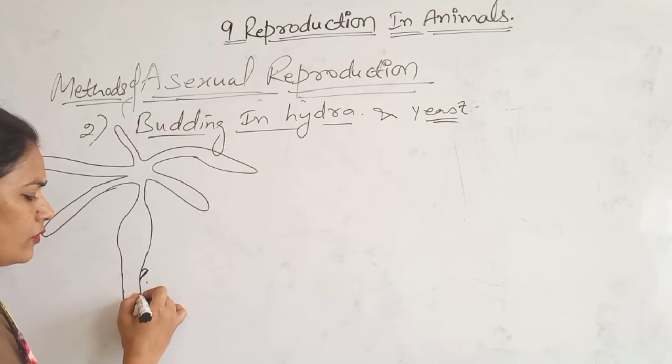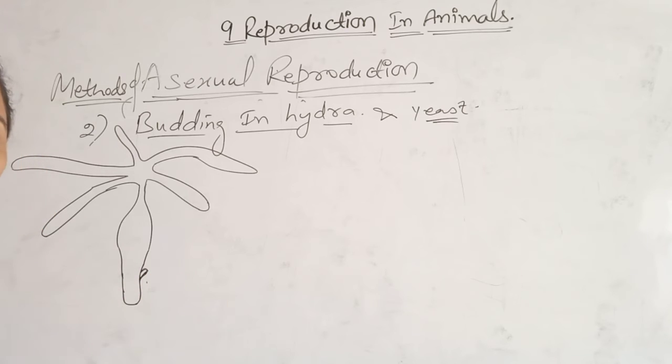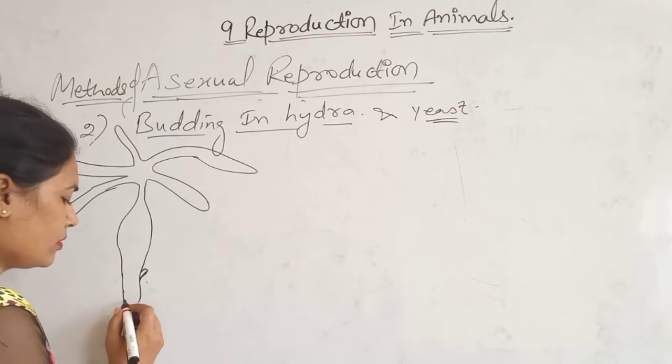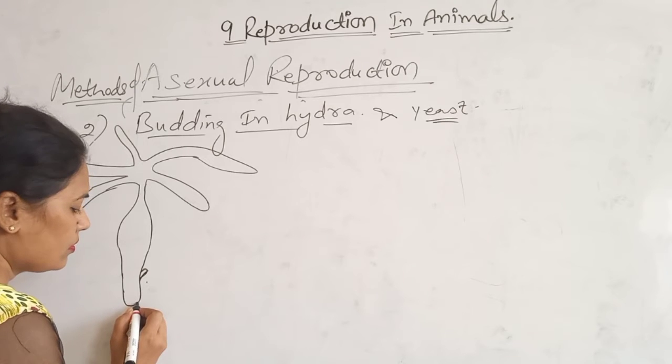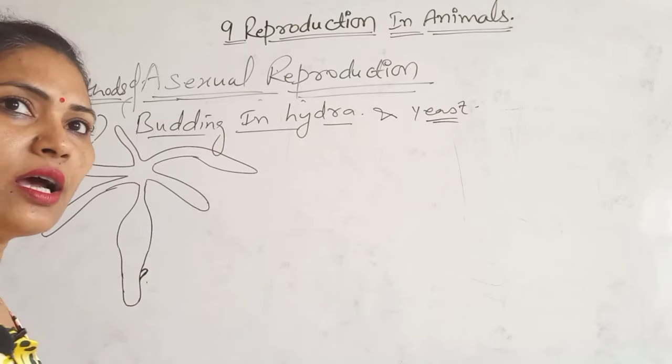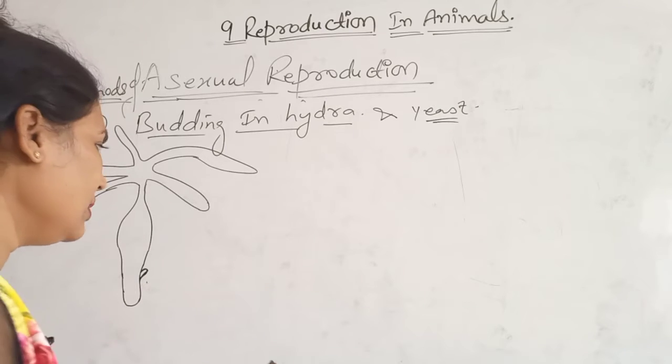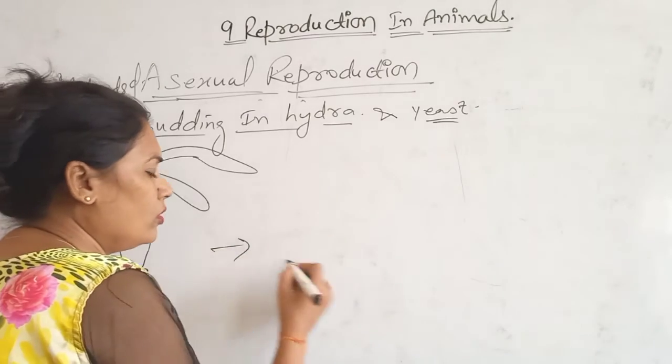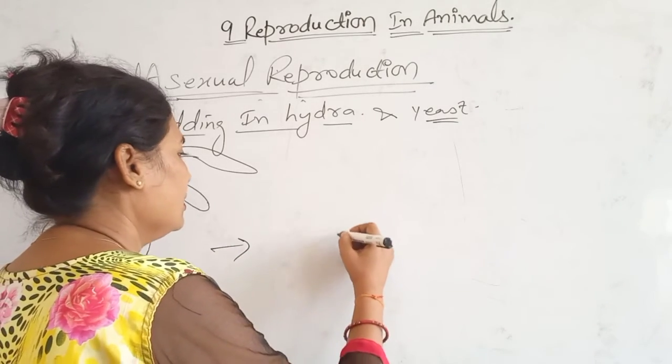So that bud is formed. Got it? So a small bud is formed when the hydra becomes mature. Then after this the bud grows later on like that.